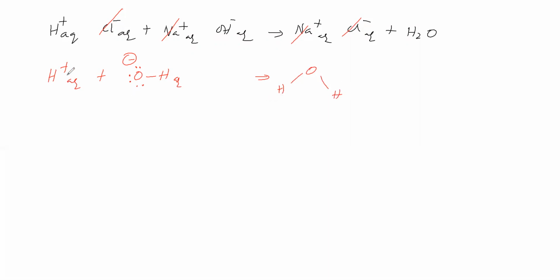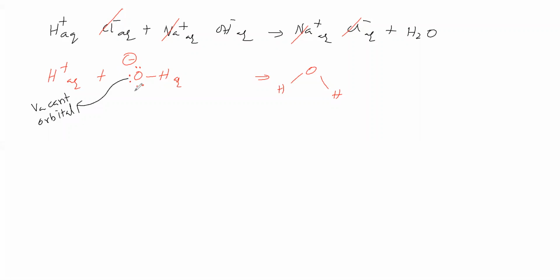That means between this acid H plus and base OH minus, what is formed? This H plus has a vacant orbital because it has no electrons. This OH minus oxygen is contributing a lone pair to this H plus and forming a bond.